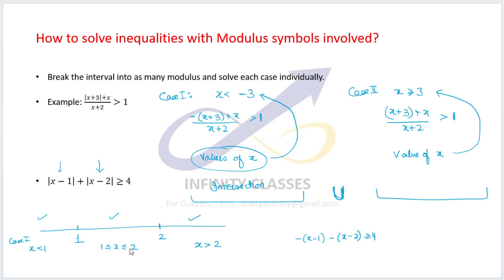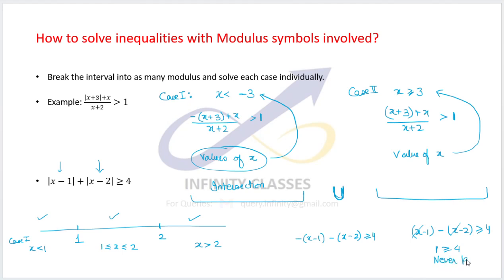For case 2, for x between 1 and 2, this is positive, so it would be x minus 1 itself, but this is negative, which is minus x minus 2 is greater than equal to 4. I'll solve it. This will come out to be equal to 2 minus 1 is greater than equal to 4, which is never possible.